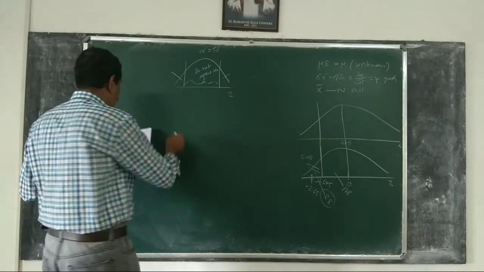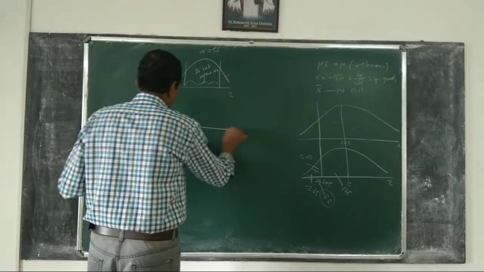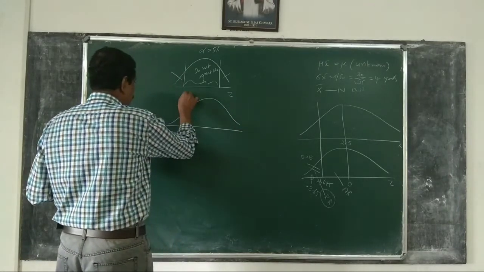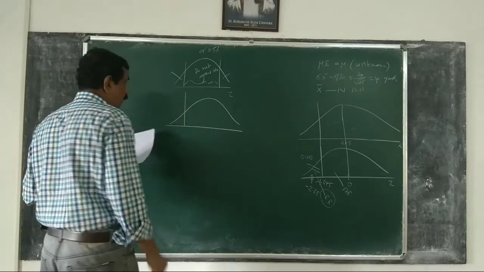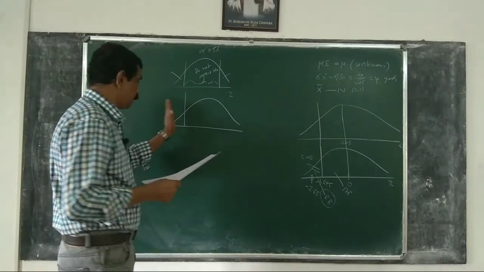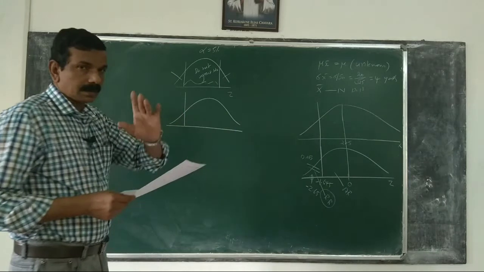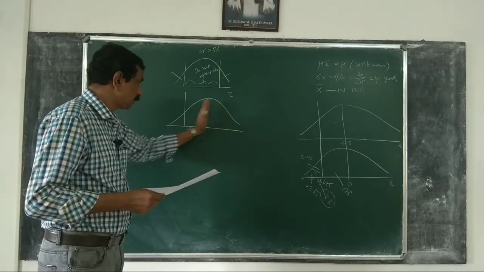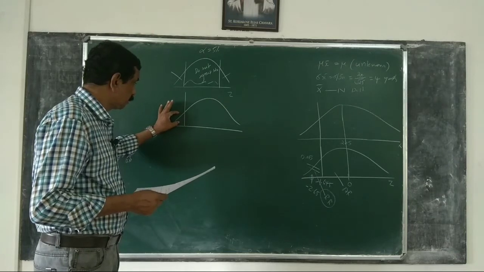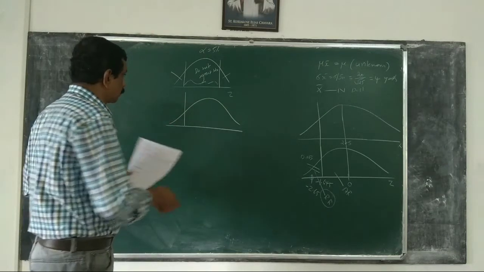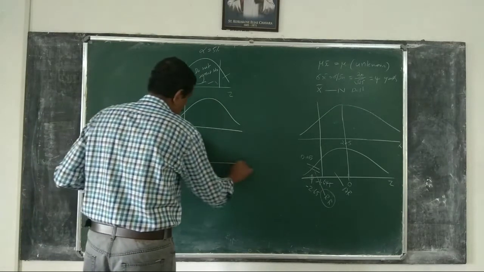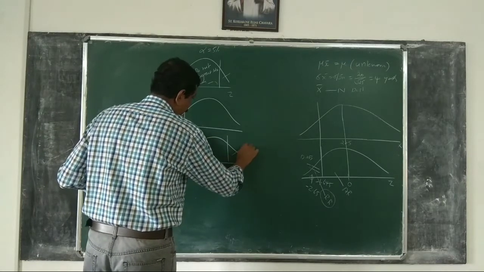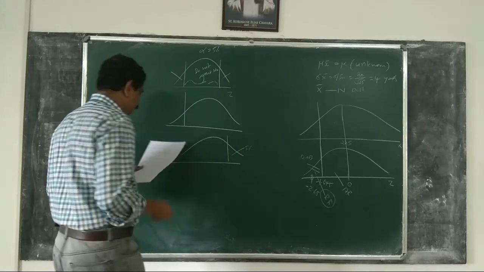And then if the alternative hypothesis is of the less than type, then we have a left-tailed test, with rejection region and acceptance region, 5% in the left tail only. Then this is the rejection region, 5% in the right tail only.